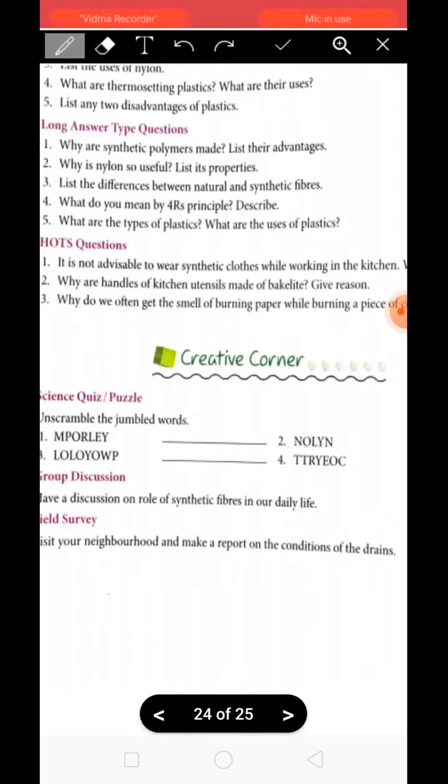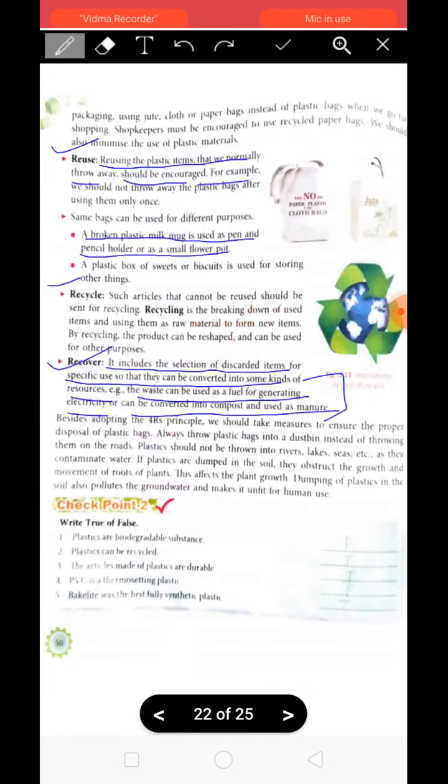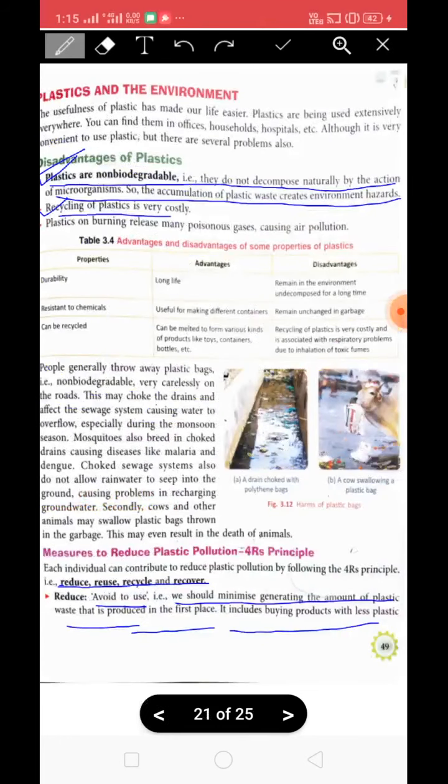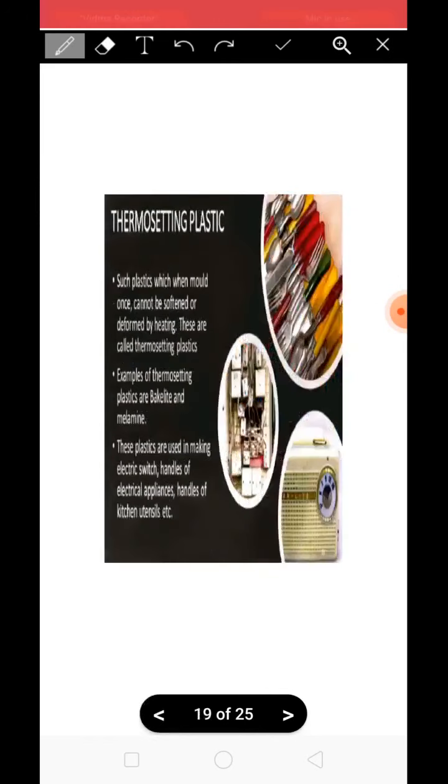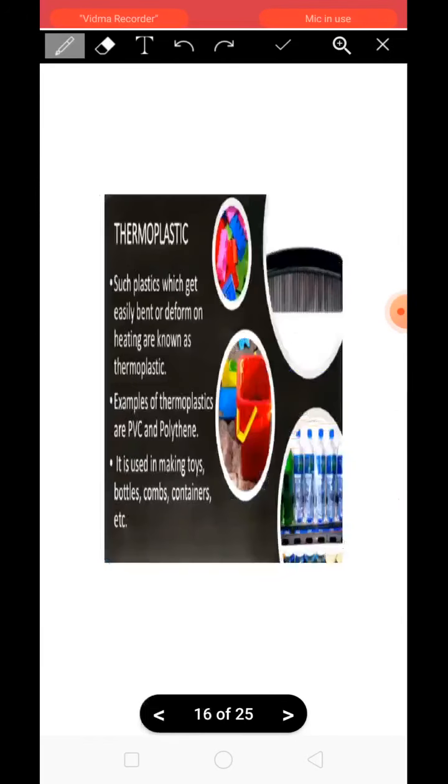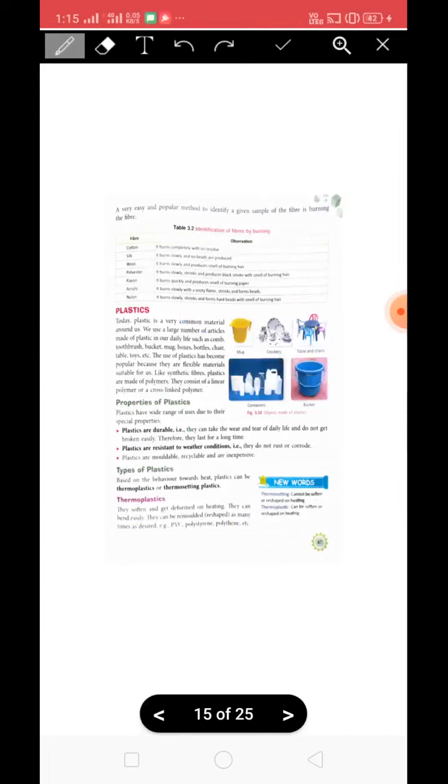What are the types of plastic? What are the uses of plastic? Plastics are of two types. The one is thermosetting plastic and the second is thermoplastic.